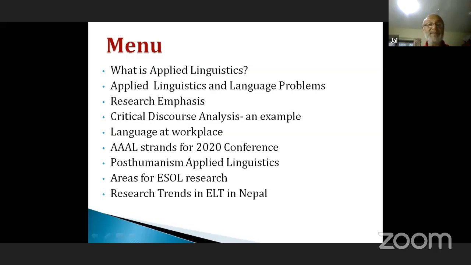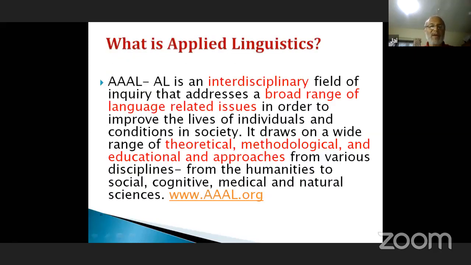So the American Association of Applied Linguistics defines it as an interdisciplinary field which takes up a broad range of language-related issues, it doesn't say problems, but issues.